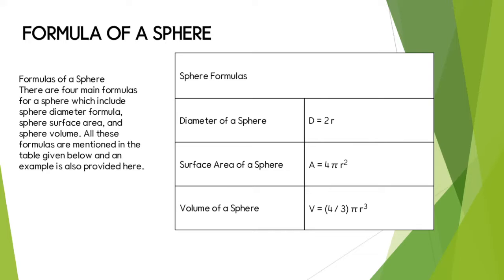The diameter of a sphere is equal to 2r, the surface area of a sphere is 4 pi r square, and the volume of a sphere is V equals open parenthesis 4 over 3 close parenthesis pi r cube.